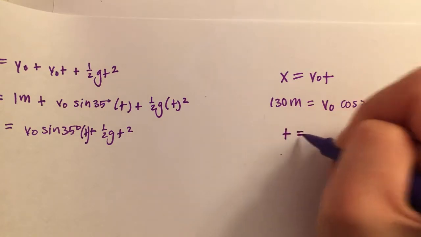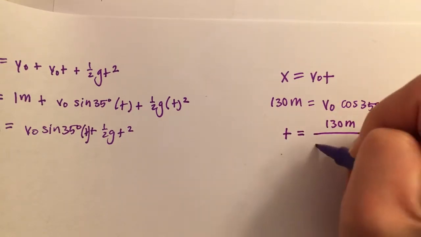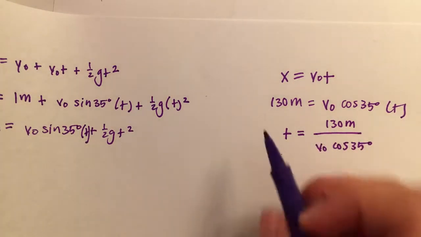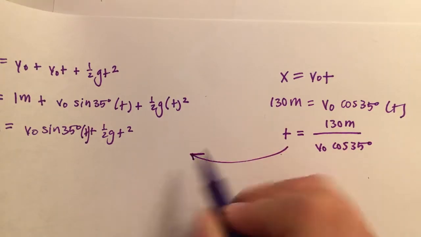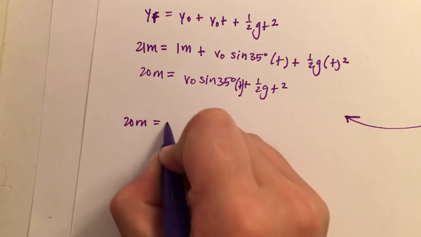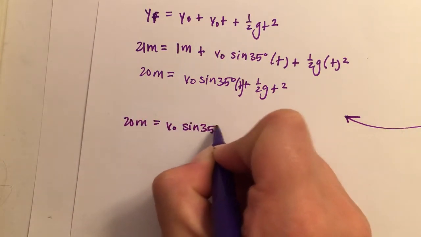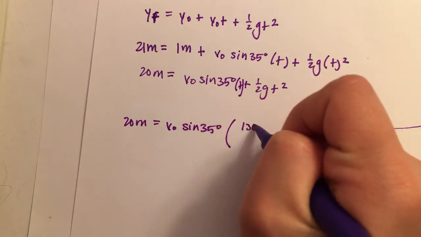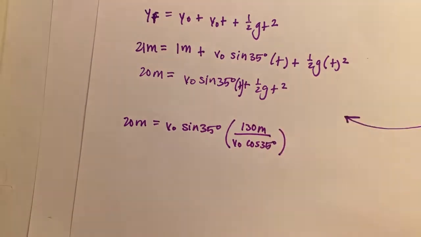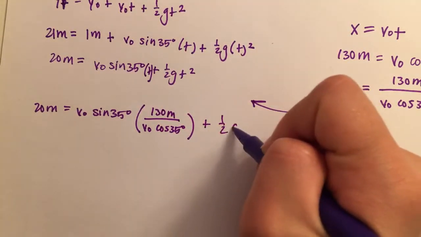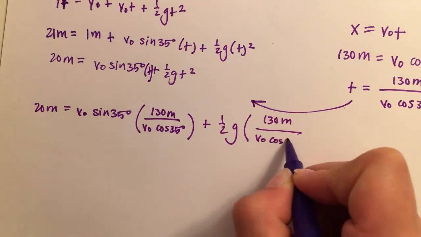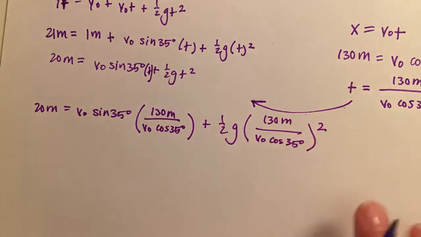Then time is equal to 130 meters over velocity initial cosine 35 degrees. So we take this and put it in over here. We have 20 meters equals velocity initial sine 35 degrees times 130 meters over velocity initial cosine 35 degrees, plus 1/2 gravity times 130 meters over velocity initial cosine 35 degrees, squared.